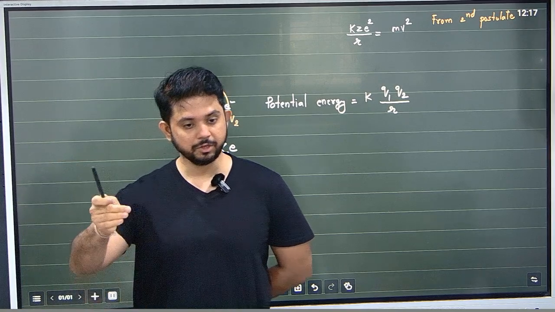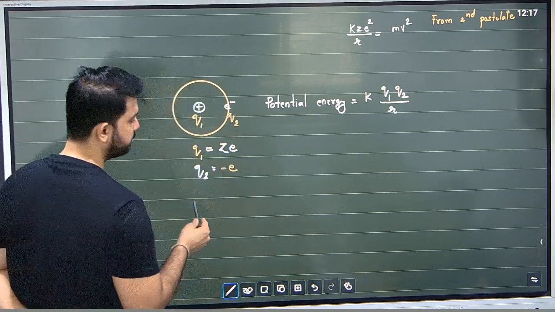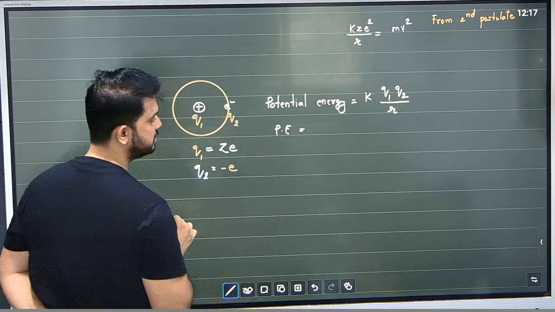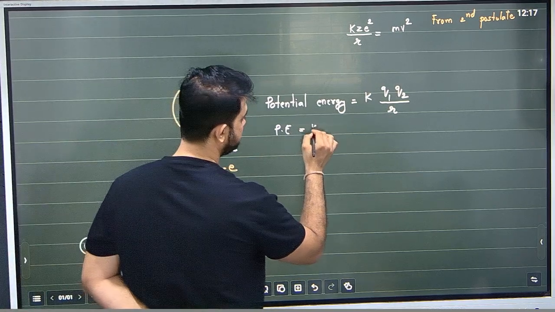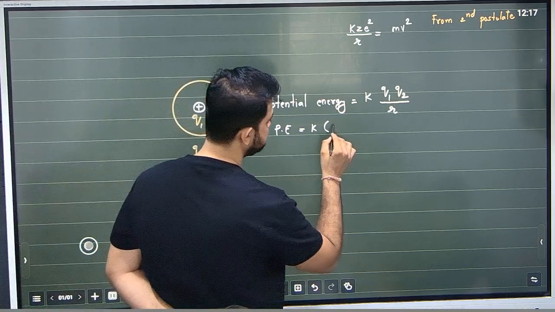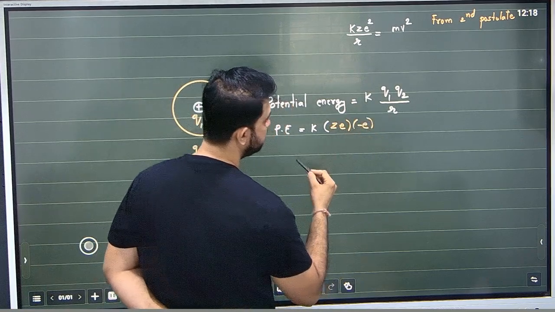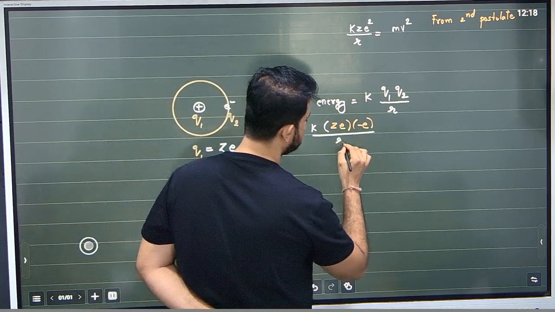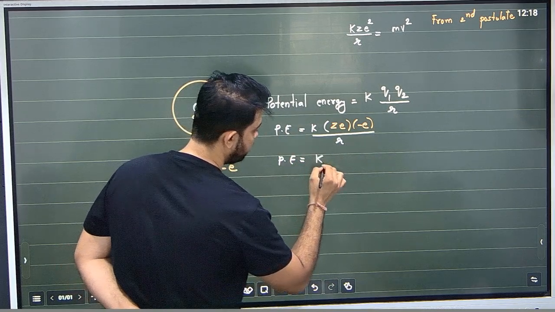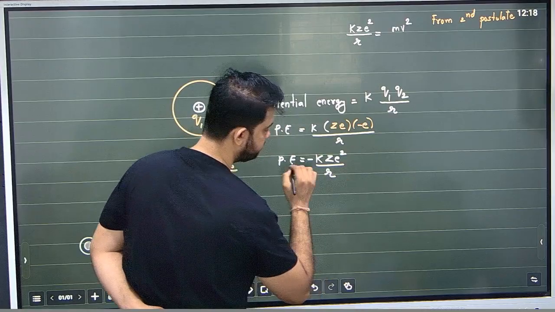But when Q1 was positive, which is the nucleus, and Q2 negative, potential energy is going to become negative. Did you people get that? So potential energy here is K, in place of Q1 I can write Z times E, Q2 I can write negative E, over R. So what expression do we get for potential energy? Minus K Z E squared over R.